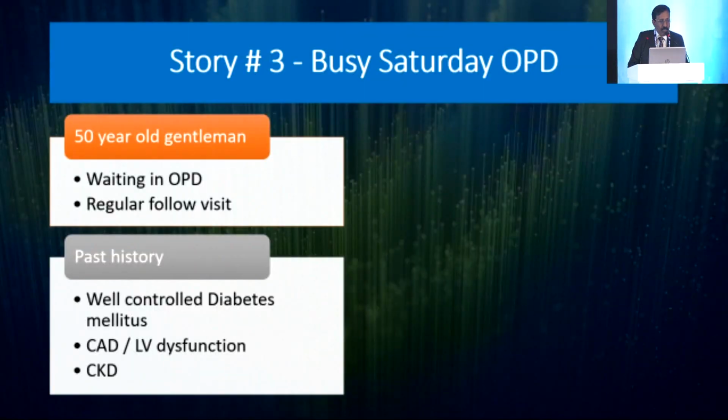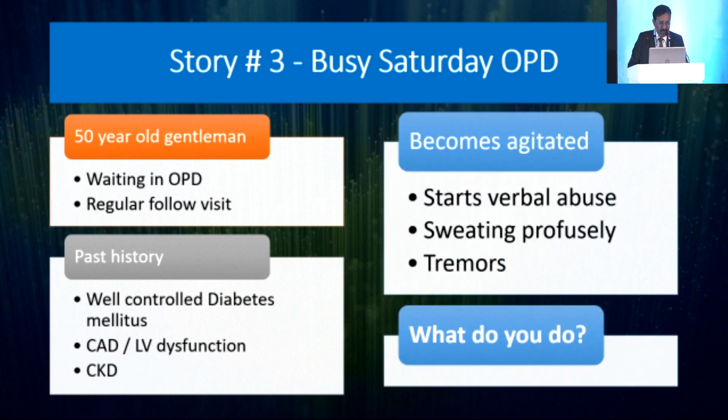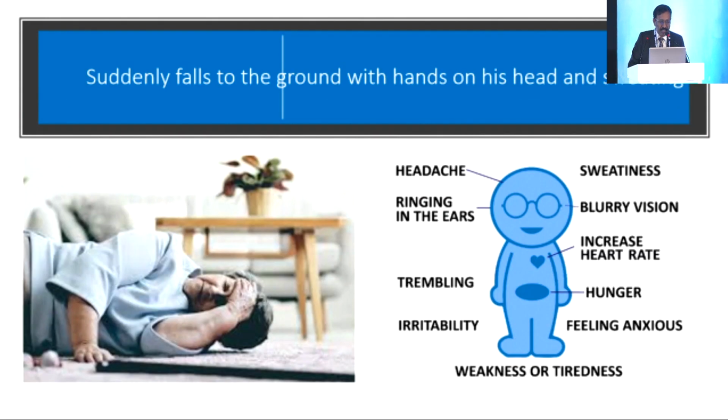So the third story is about a 50-year-old gentleman waiting in the OPD, well-controlled diabetes, a regular patient, so we know the history, with cardiac dysfunction, and suddenly he becomes agitated and starts sweating profusely with tremors. So what do you do? He falls to the ground with hands on his head and sweating.